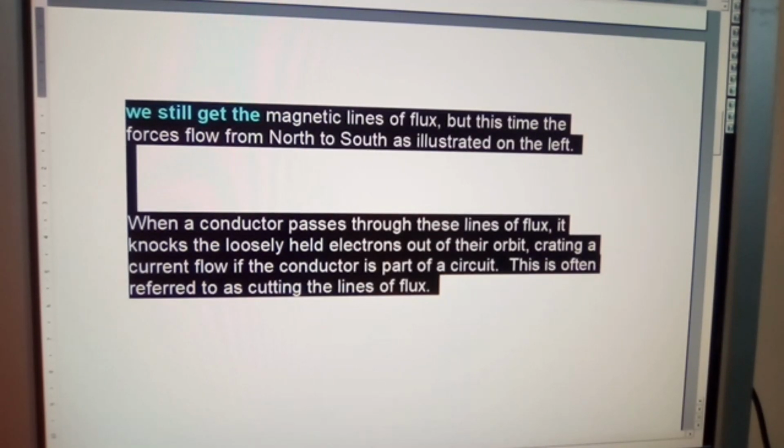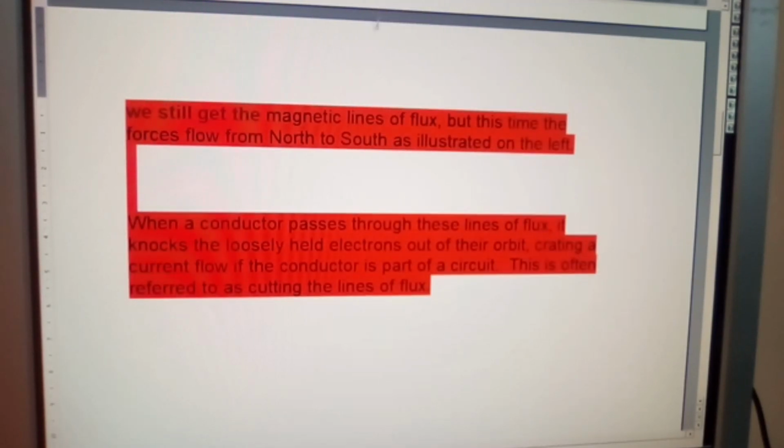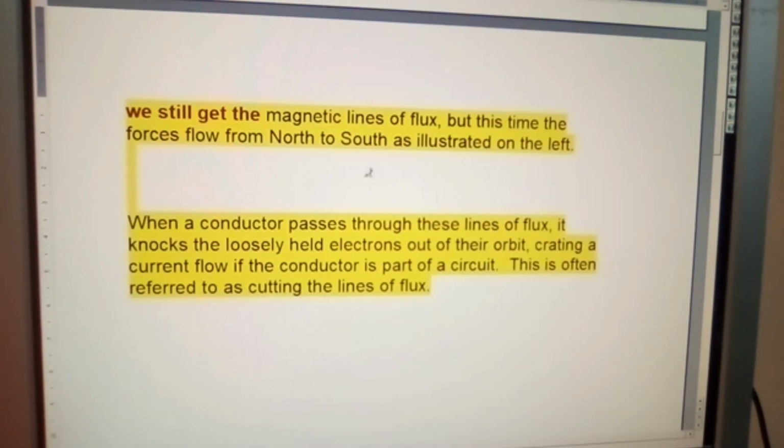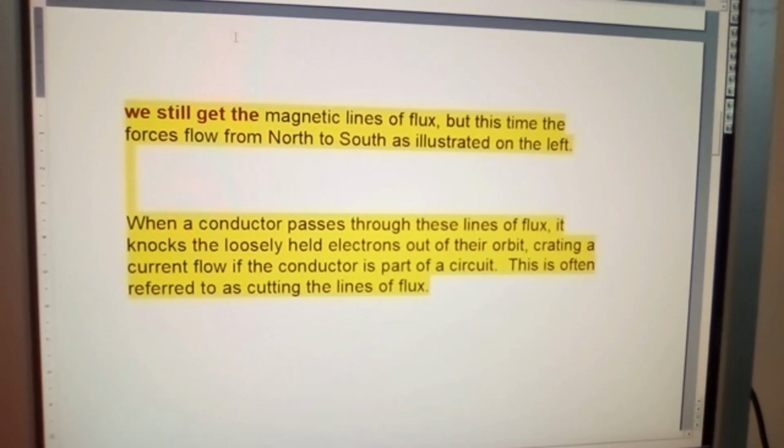And the font type, I'll go with the bold. Nope, it has to be lighter. Okay, that will be it, I think.